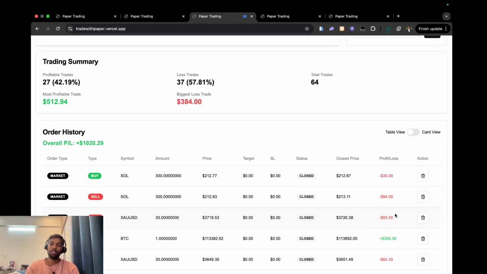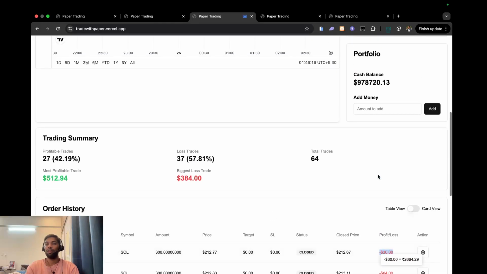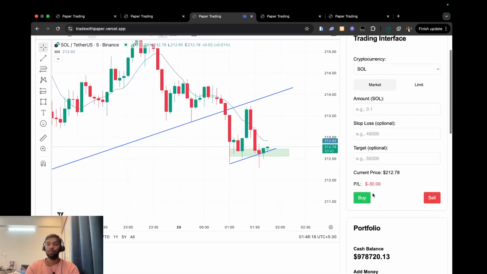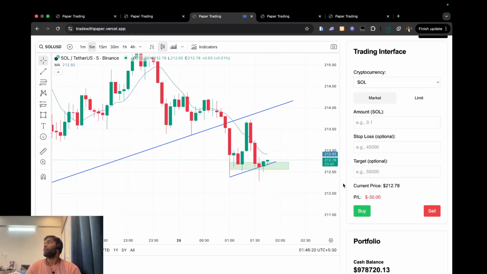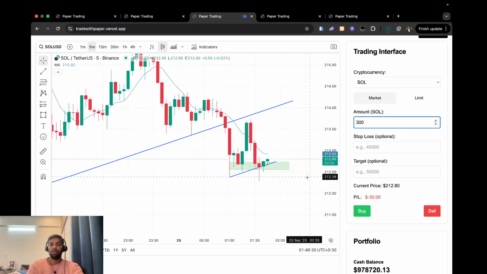Small stop losses like this, 55, 84, now $30. We are just waiting for one big profit, and not able to find that one beautiful trade. I will be interested in selling from this point, guys.